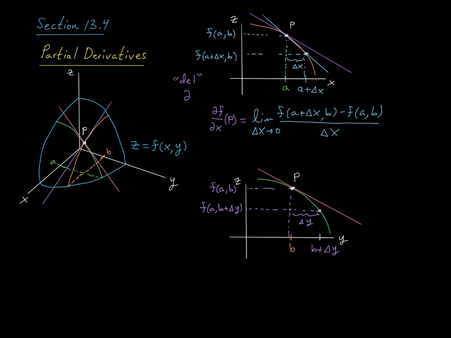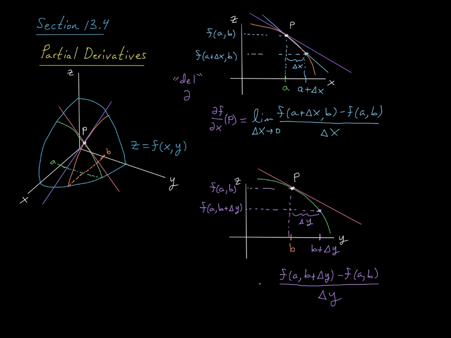So the slope of the line between these 2 points, P and this neighboring point, would be f of a comma b plus delta y minus f of a, b, and then I'm going to divide that by the horizontal change, which is just delta y.